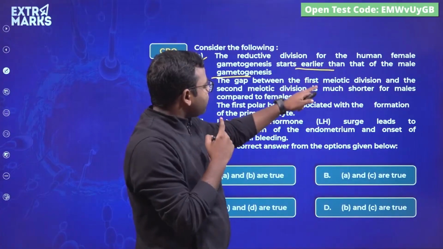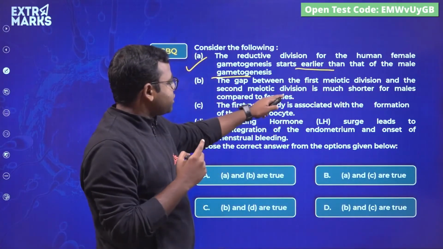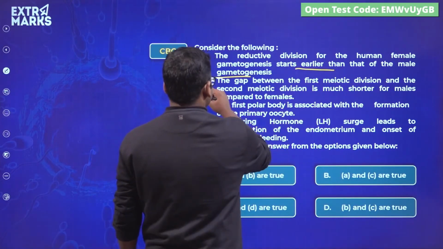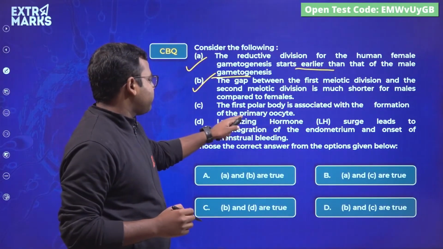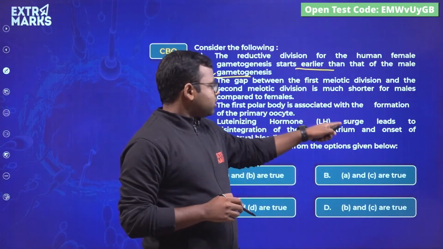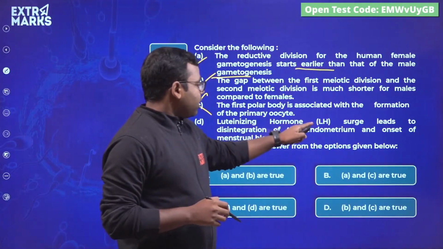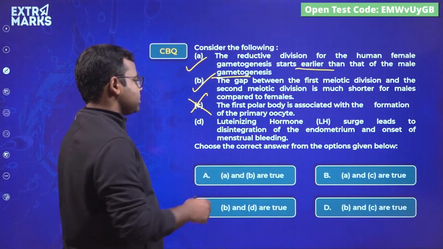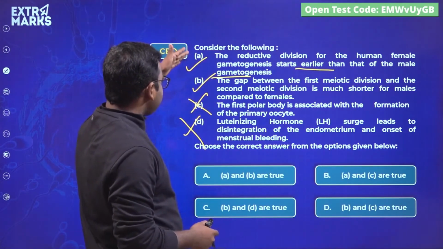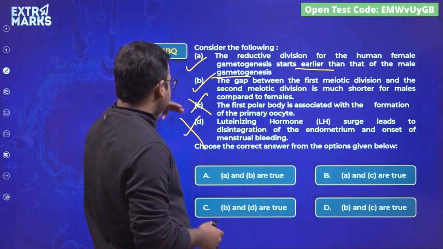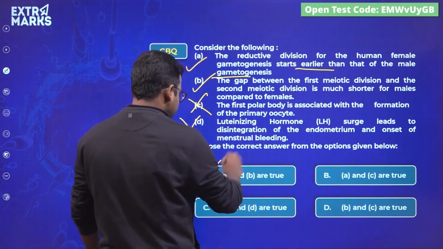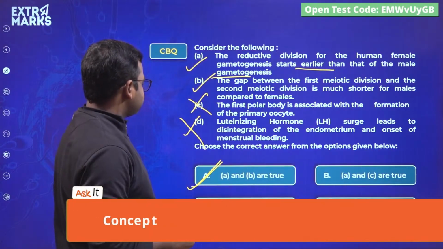Then the gap between the first meiotic division and the second meiotic division is much shorter for males as compared to females. This is again correct. The first polar body is associated with the formation of primary oocyte. No, not at all. LH, which is luteinizing hormone, surge leads to disintegration of endometrium and onset of menstrual bleeding. This is again wrong. Okay? So you can see here only A and B are correct. So here option A is the correct answer, right?